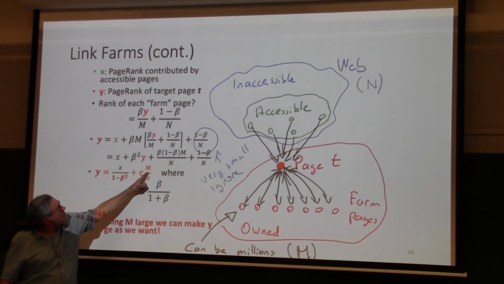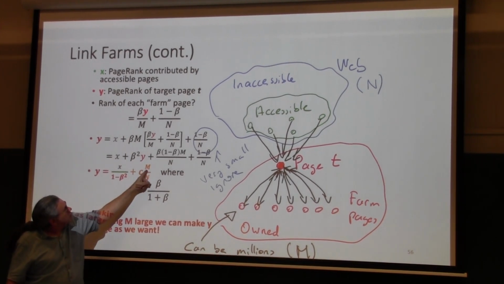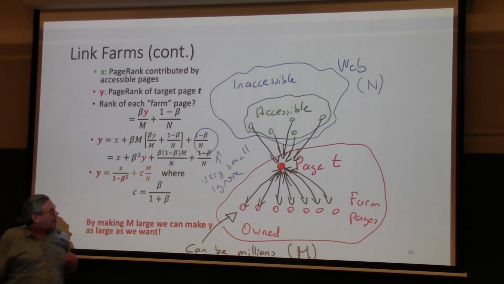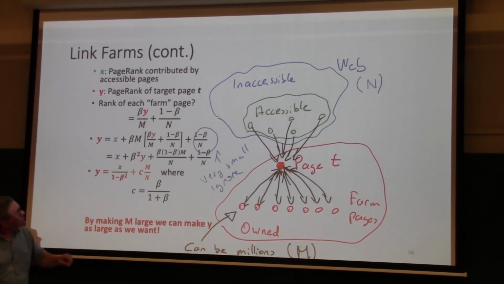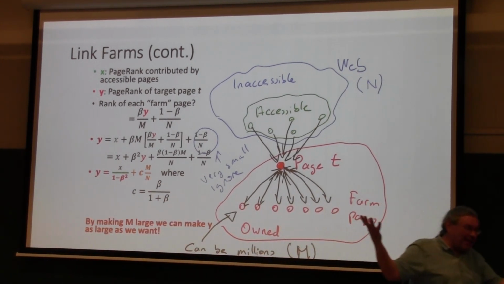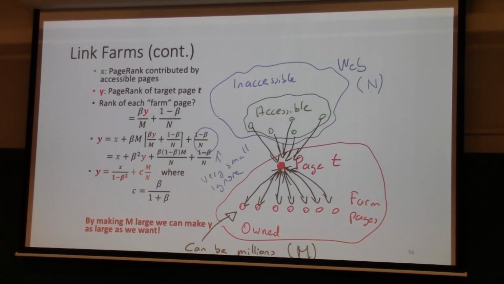If we put 1,000,000 pages here, we make it large. If we put 10 million, it's much bigger. You add a number proportional to m. So that means the more pages you put in the farm, the higher the page rank gets. Okay? And that's how these link farms work.